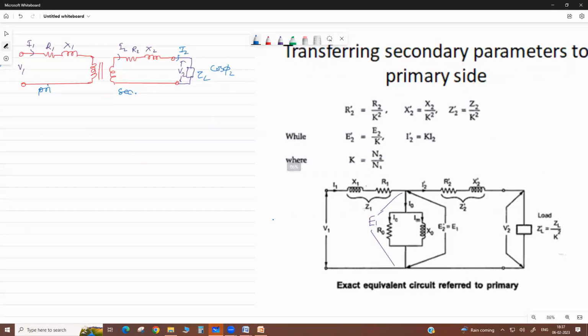Okay. Then how do we transfer the parameters like I2 dash? So you know your turn ratio.